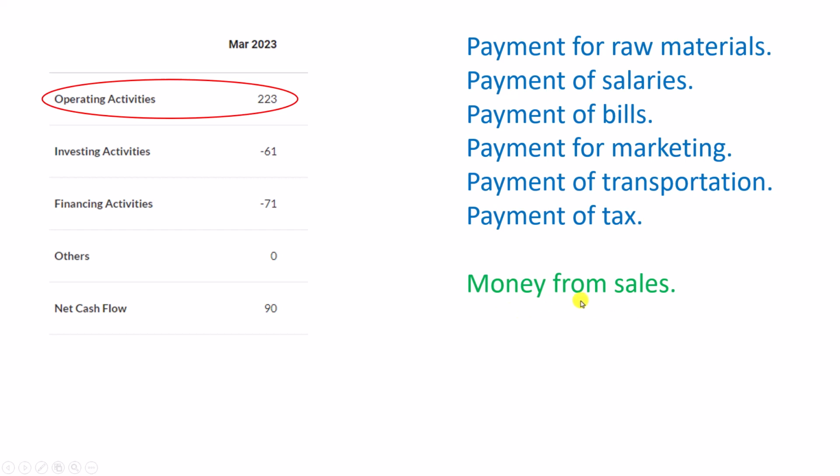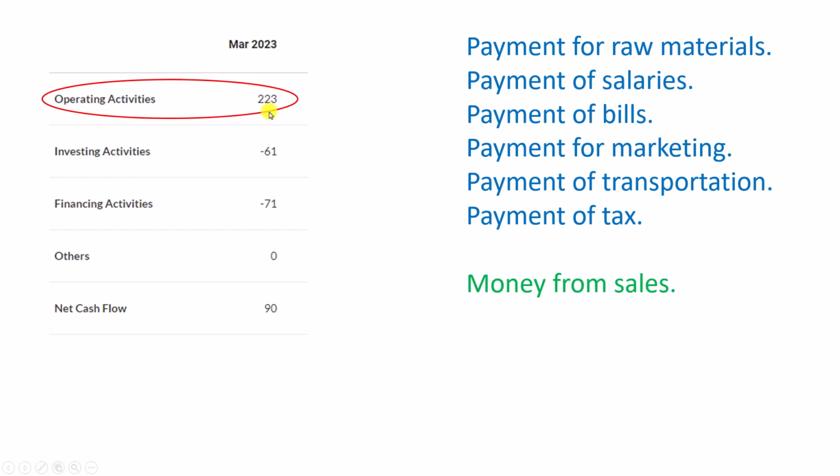So this would be plus and this would be minus. So this minus this is this. How much money they get from sales minus how much they spent is this.